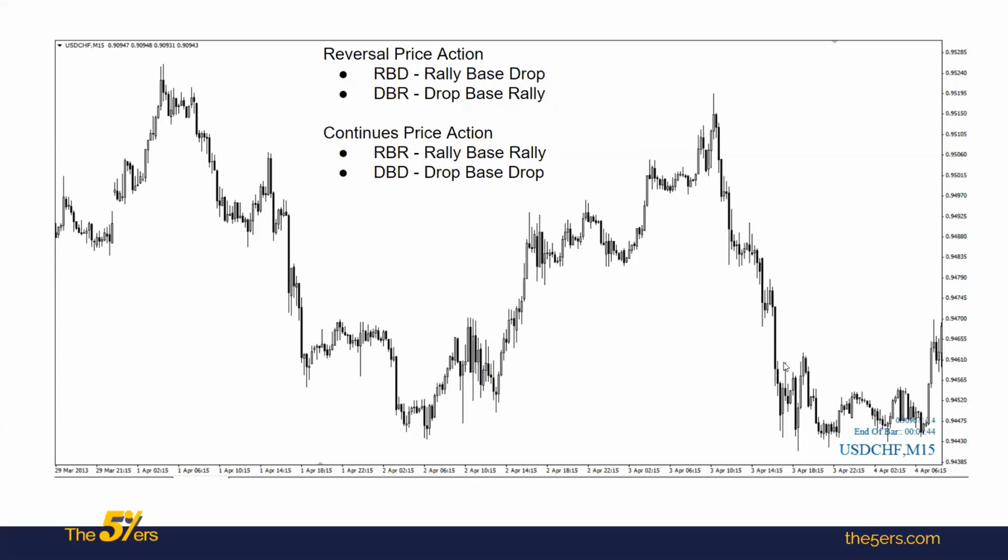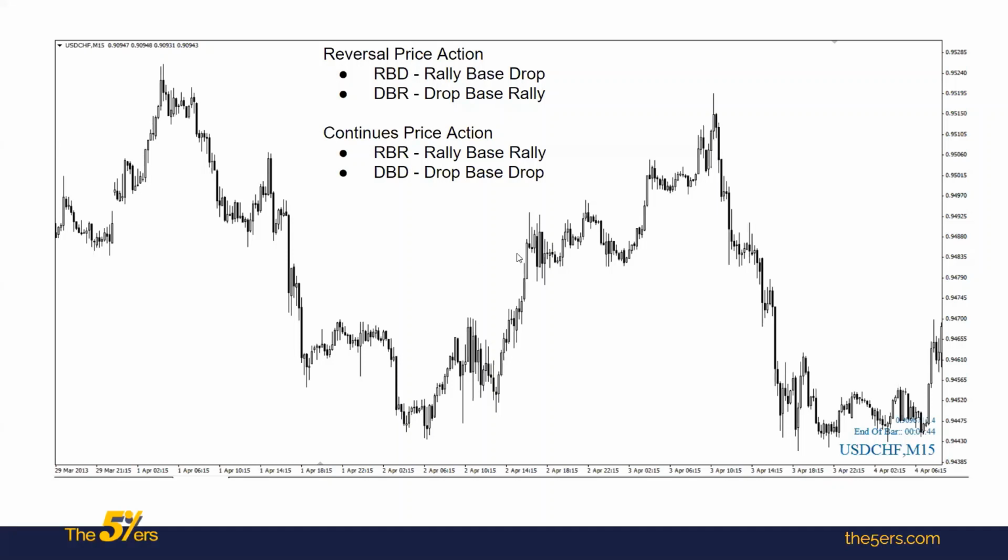This is a continuation price action. And then we also have the reversal price action, which is rally-base-drop, or drop-base-rally, okay? So that's a reversal to the upside.